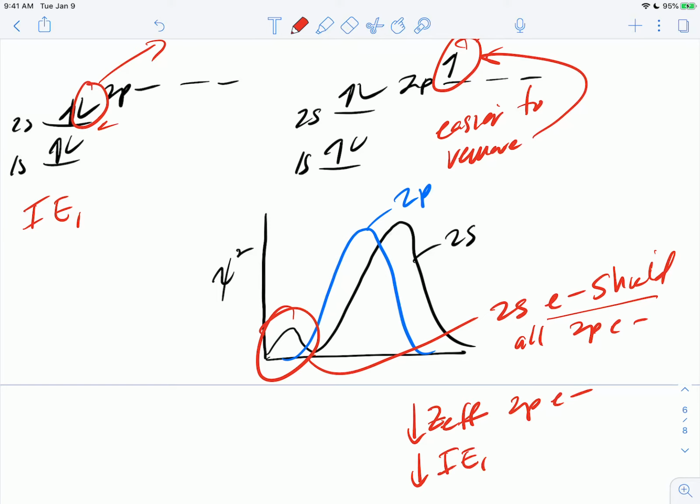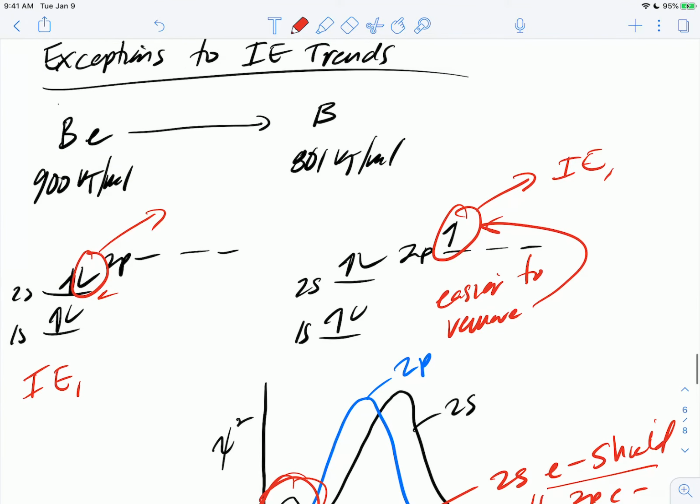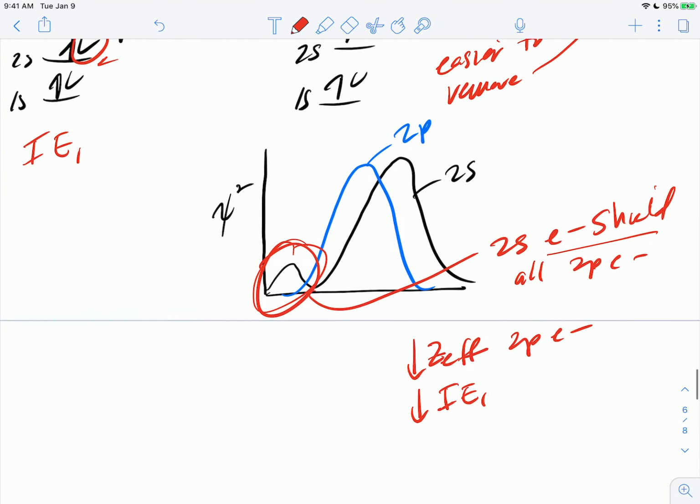So when we're looking at how easy it is to remove electrons, the additional shielding caused by these 2s electrons, this little bump here, this core electron, is enough to reduce the ionization energy by a measurable amount. Okay, so that's our first explanation for the dip that we see from beryllium to boron.